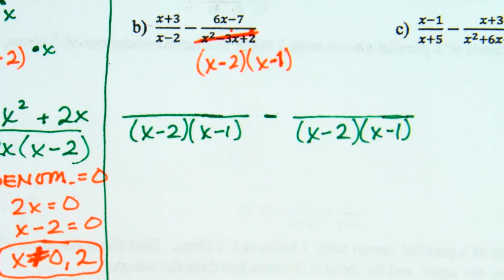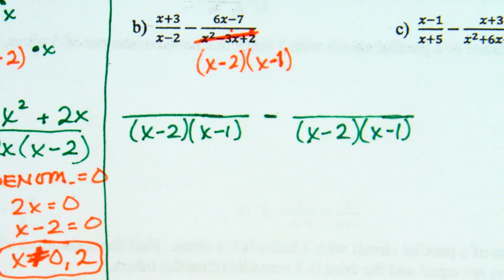Because we're going to have to give it an x minus 1 to get a common denominator. It's kind of like if you're trying to add, say, 1/2 and 1/8. You can't add 1/2 and 1/8. So we would have to take that 1/2 and multiply it by 4 to get that common denominator. So we're multiplying the first one by x minus 1. That's our next step.